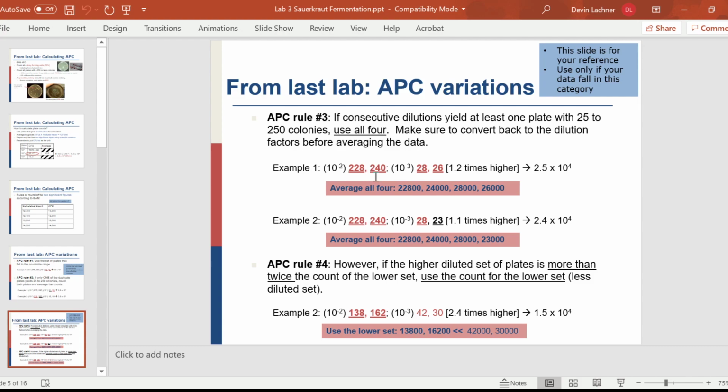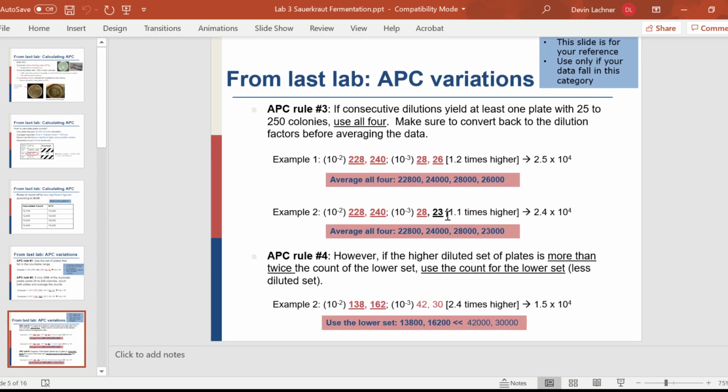And then here, 240 converted is 24,000, then 28 converted is 28,000, and 26 converted is 26,000. So when we combine all of them and divide by 4, we get 2.5 times 10 to the 4.